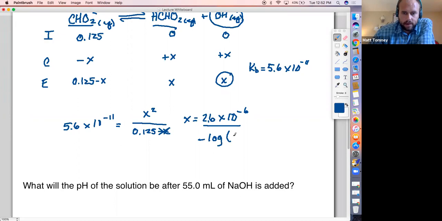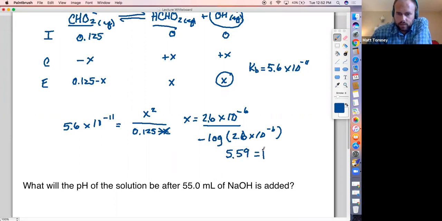So I take negative log of 2.6 times 10 to the negative 6, and I end up with the pOH value, which turns out to be 5.59. Now don't stop here, because the question was not what is the pOH at equilibrium.